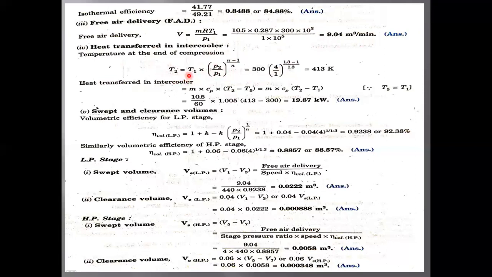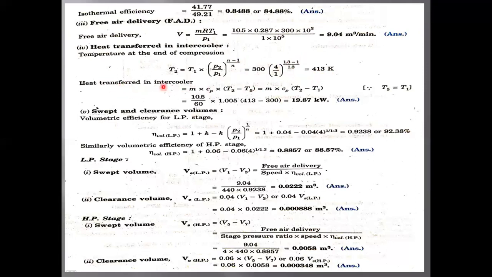T2 is equal to T1 into P2 by P1 whole power n minus 1 by n, and T1 we already know is 300, P2 is 4 which we have already found out here, and P1 is 1 bar, and n value we already know, which is 1.3, so n minus 1 by n is 1.3 minus 1 by 1.3. By substituting everything in this, we will get T2, the delivery temperature for the low pressure cylinder, that is 413 Kelvin.